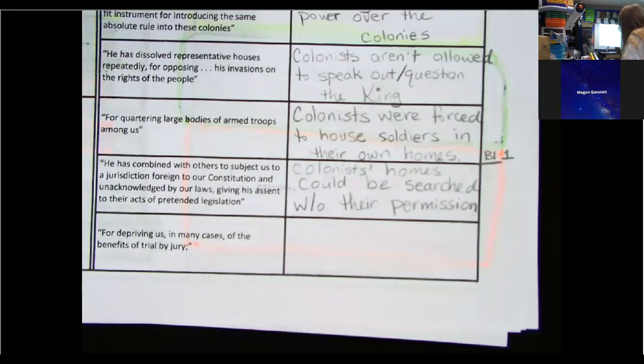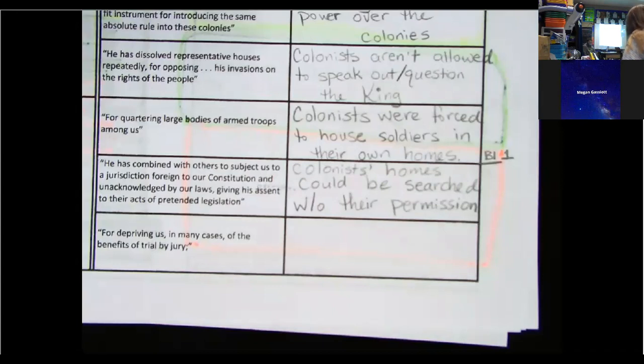Why would a person want a trial by jury? Because it'll be more fair. It would be more fair.